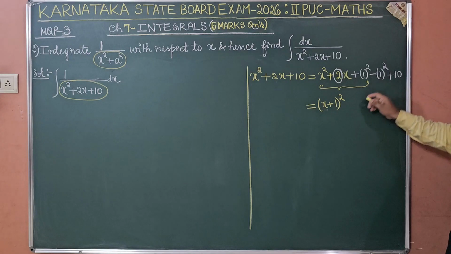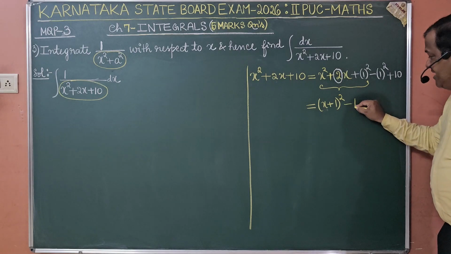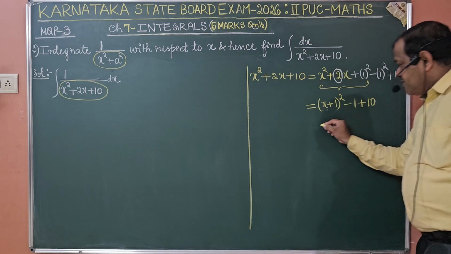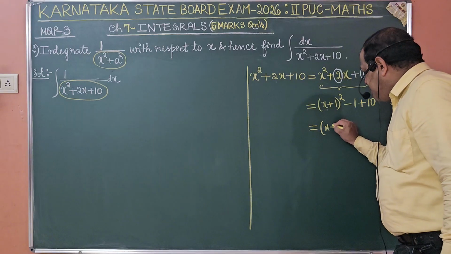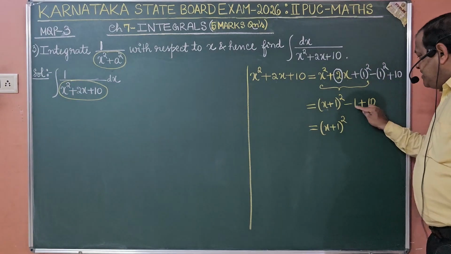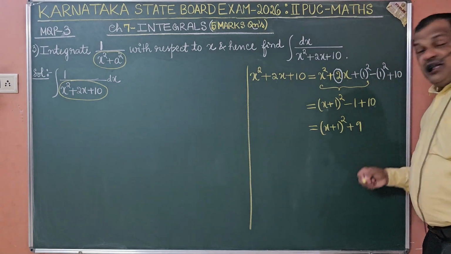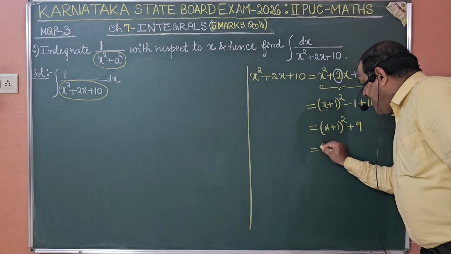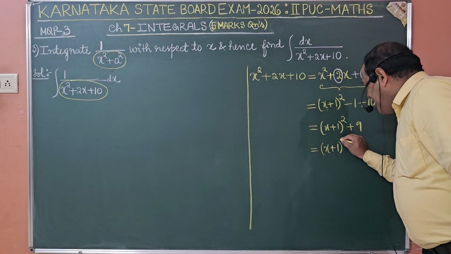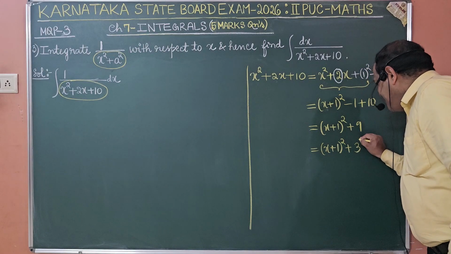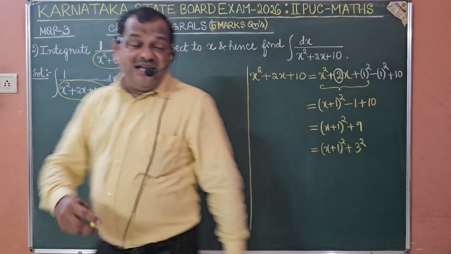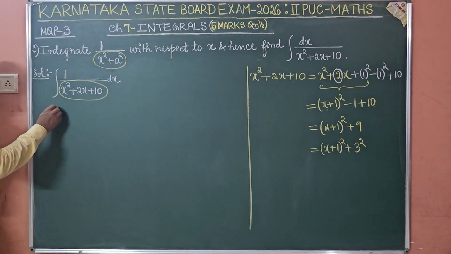Now what about minus 1 square? It stays as it is: minus 1, plus 10. Therefore, x plus 1 whole square, plus 10 minus 1, which is 9. This 9, I can write as 3 square. Therefore, x plus 1 whole square plus 3 square.